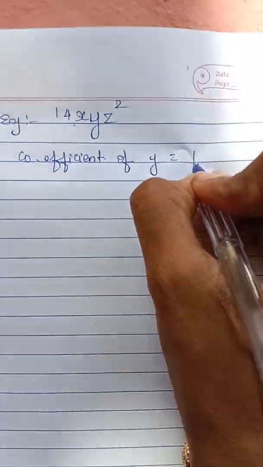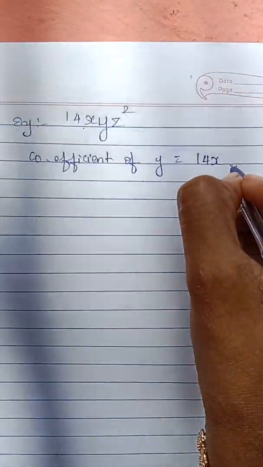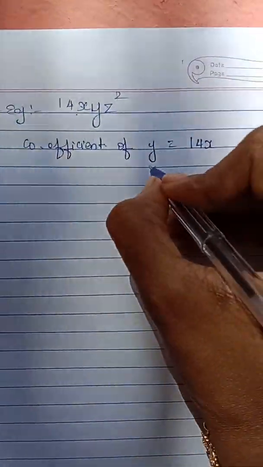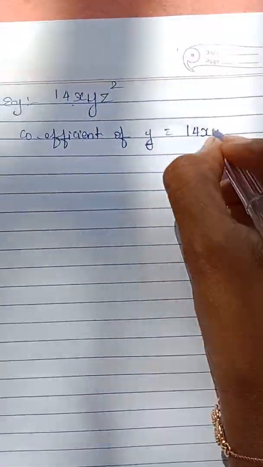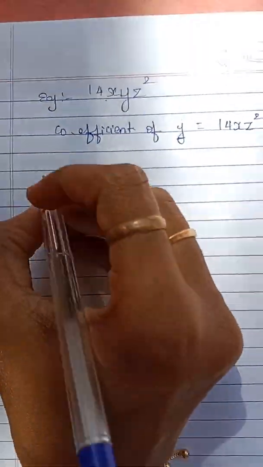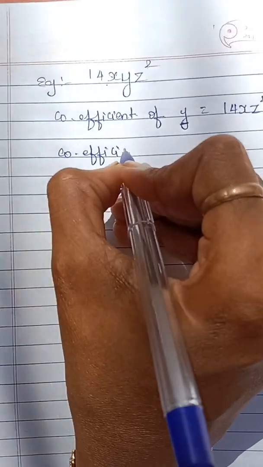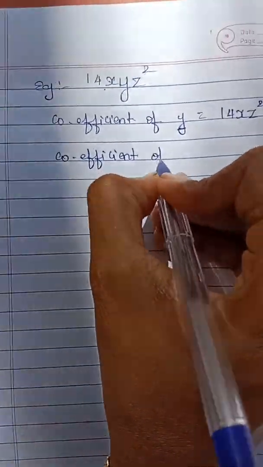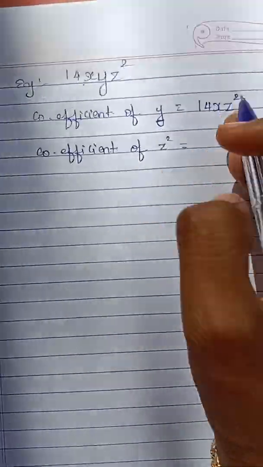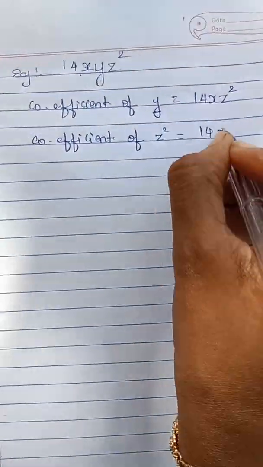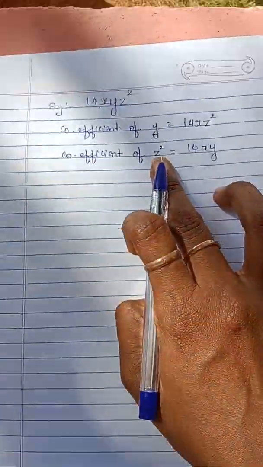So 14 is there, the constant is 14, and x is there. Next is y, we should not write y, because we are writing the coefficient of y. So we leave that y, and then z square. Then the coefficient of z square: except z square, what are the things it has? 14, x and y. These are the coefficient of z square.